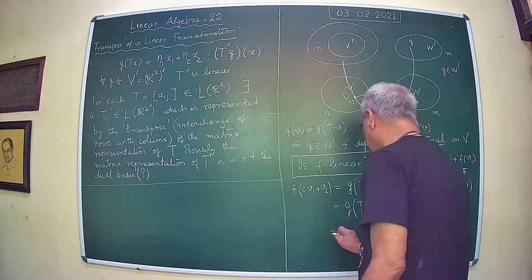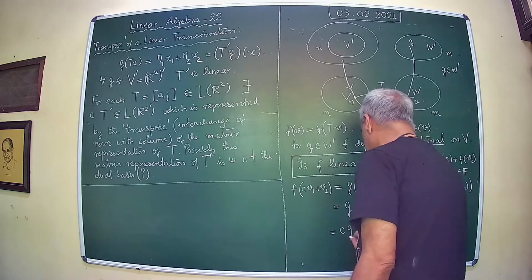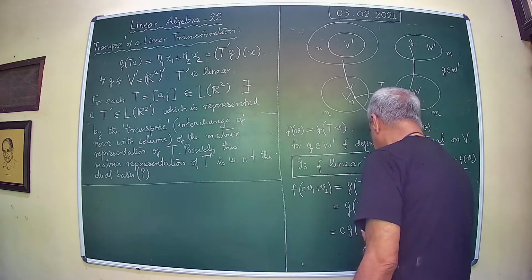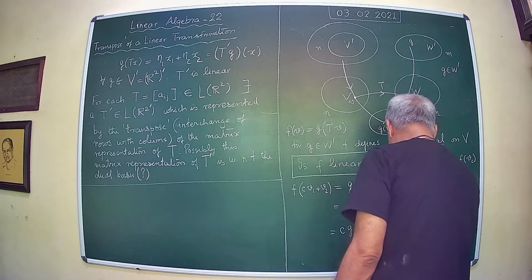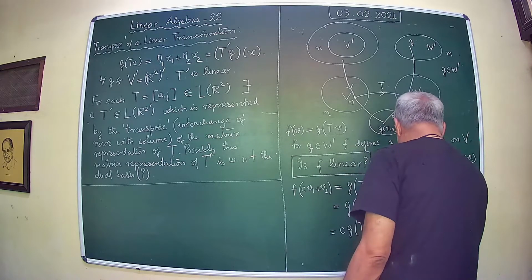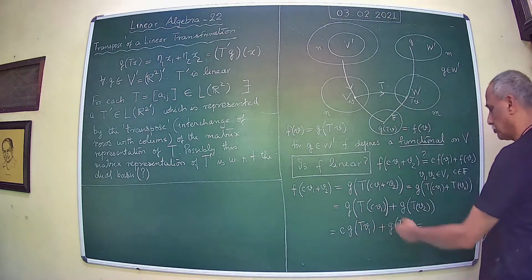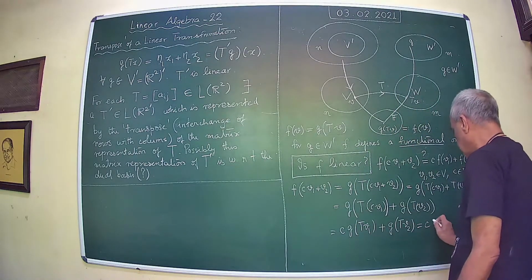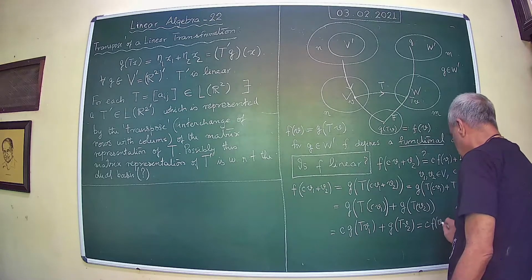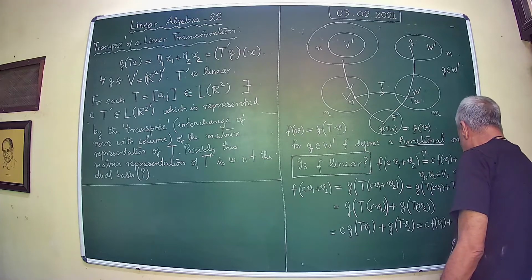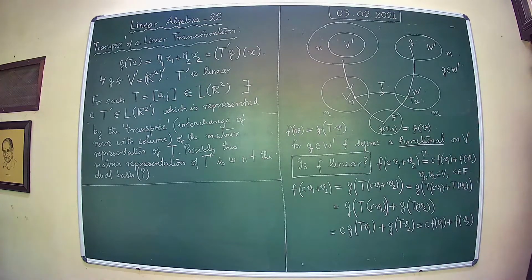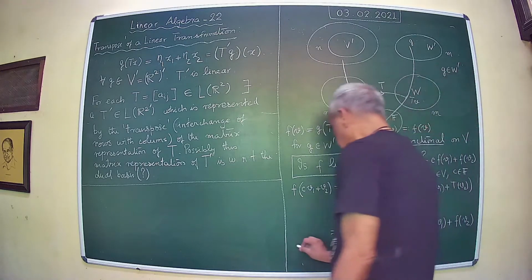So this is equal to C times, but what is that by definition of F? This is equal to C times, this is exactly what we wanted to prove.